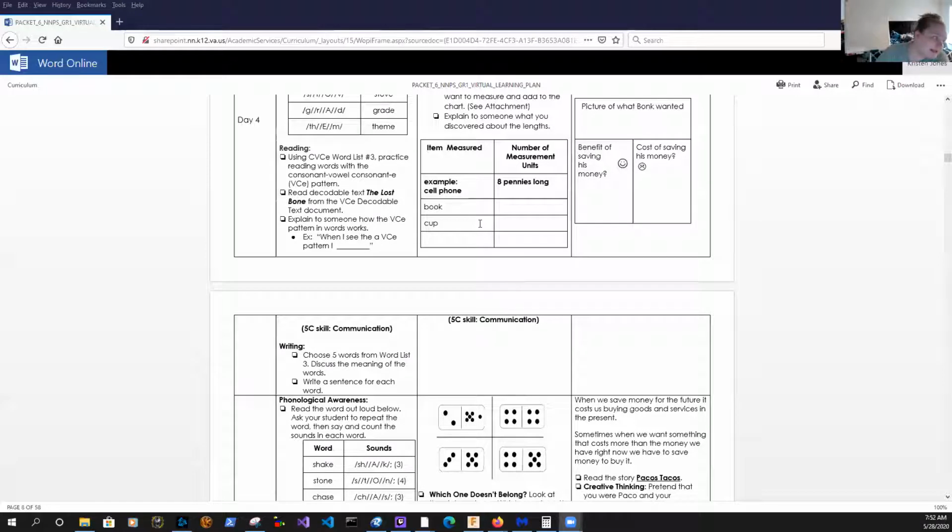Then you're going to write, after you measure them, how many of the thing that you're measuring with long it was. So if you're using pennies, tell me how many pennies long the book or whatever you're measuring was. If you're using buttons, tell me how many buttons long the cup was, or whatever you decide to measure.